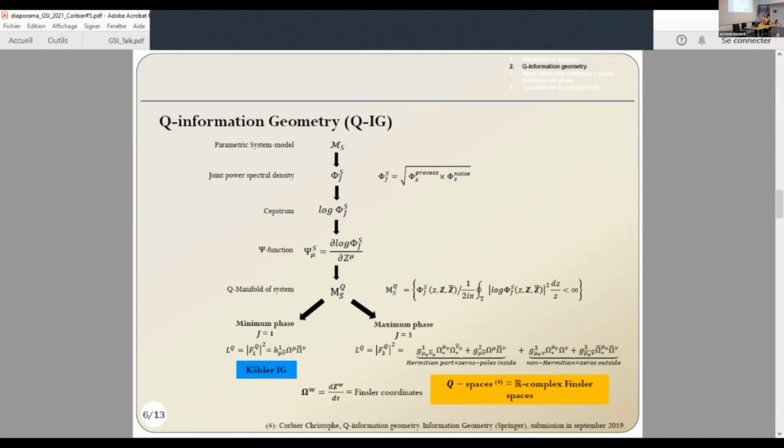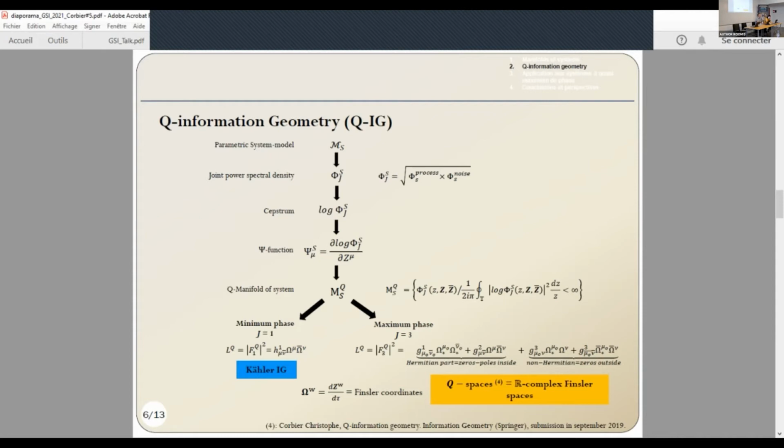The first step is to choose the parametric system model. After, we define the joint power spectral density as the square of the product of the power spectral density of the process times the power spectral density of the noise.